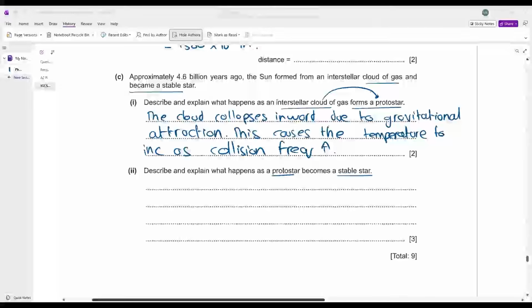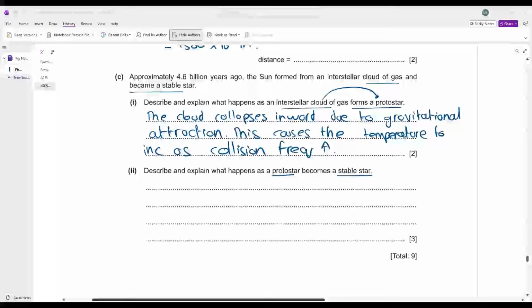What happens when a protostar becomes a stable star? The outward force due to high temperature is balanced by the inward gravitational force. The forces are balanced, hence you have a stable star.